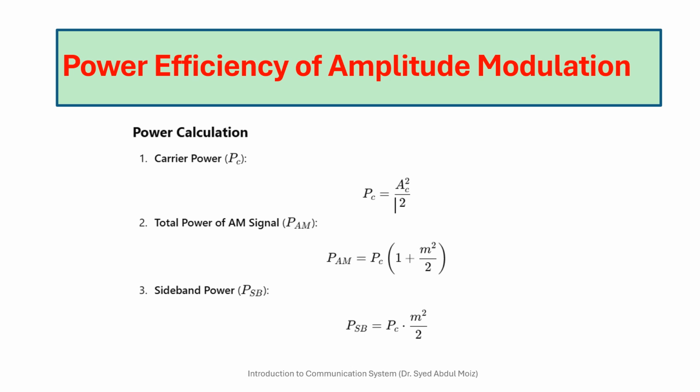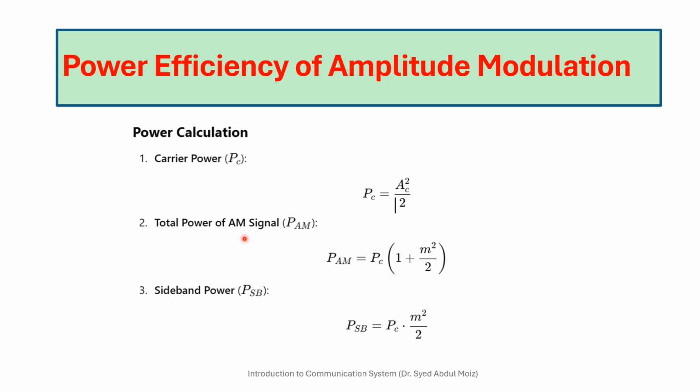Now we describe the composition and power characteristics of an amplitude modulated wave. Here is the detailed explanation. The carrier wave is modulated by the message or modulating signal. The resulting AM wave consists of three components: the carrier wave, the lower sideband, and the upper sideband. The carrier power can be written as Ac squared over 2, where Ac is the amplitude of the carrier wave.